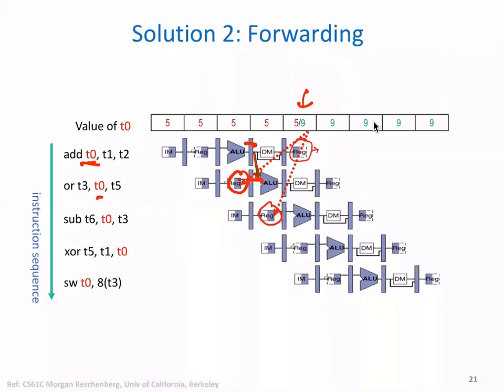Yes, we can do this. It's called forwarding. Of course, the data will continue to go in this way, but we can also have a direct input to the same ALU for the next instruction. And similarly, the same T0 value, once available, can come here. So now we can take it from this stage here.